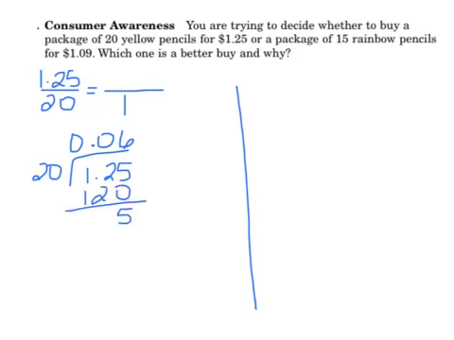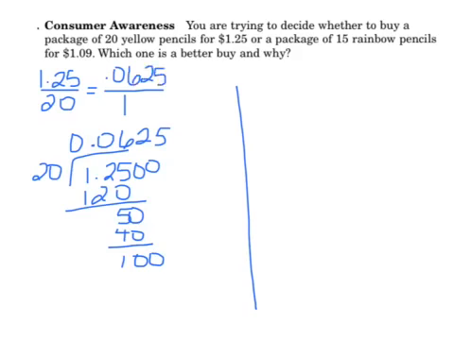Subtracting, we get 5. I'm going to add a 0, bring it down. Well, 20 can go into 50 twice. That would be 40. And we've got 10. I'm going to add one more 0 and bring it down, and 20 can go into 100 5 times. So we are looking at 0.0625 per pencil.